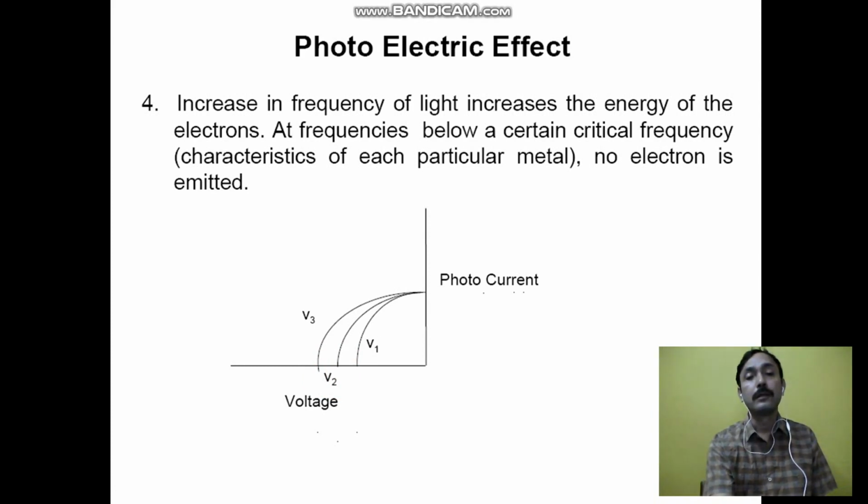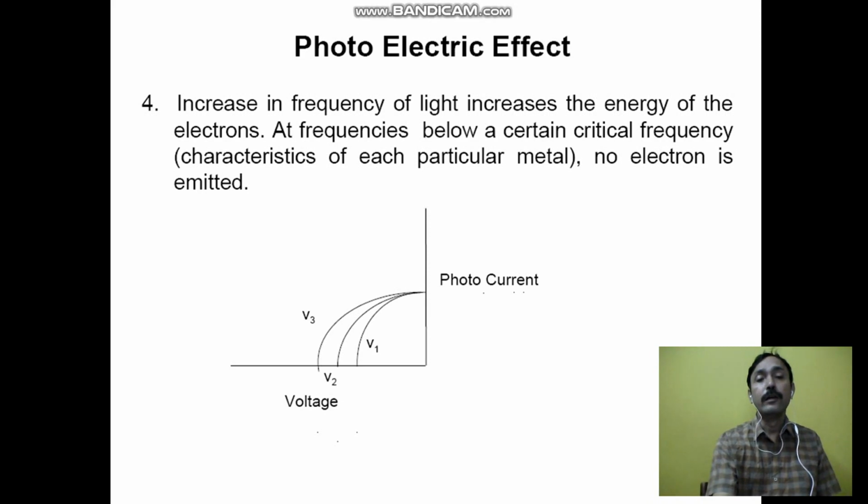So to stop the emission of photoelectrons for light with frequency nu1, the stopping potential will be V1. For light having frequency nu2 falling on the metal surface, its stopping potential will be V2. And for light with frequency nu3, the stopping potential will be V3.